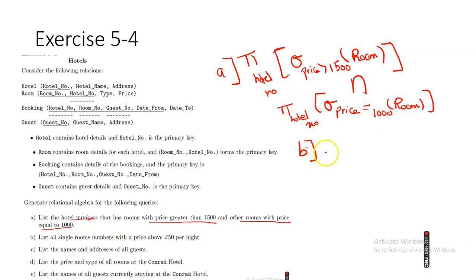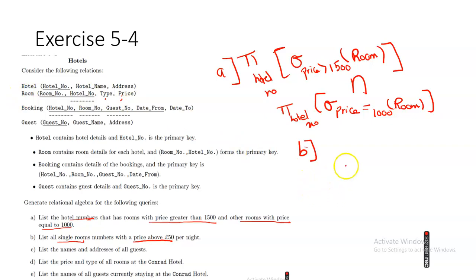B. List all the single rooms with a price above 500 per night. So we want the rooms with price above 500 and they should be single rooms, which is the type of the room. This we can get from relation room.